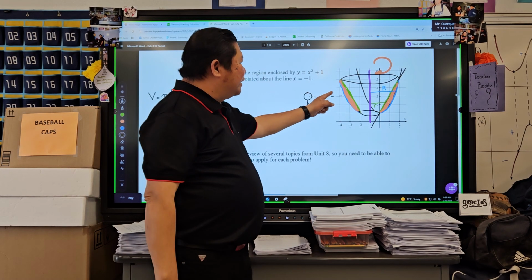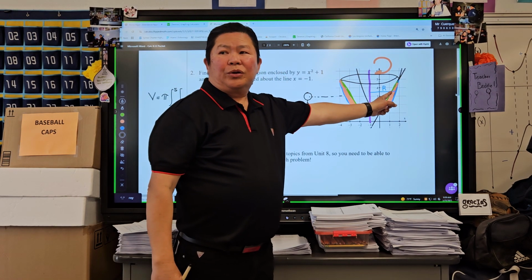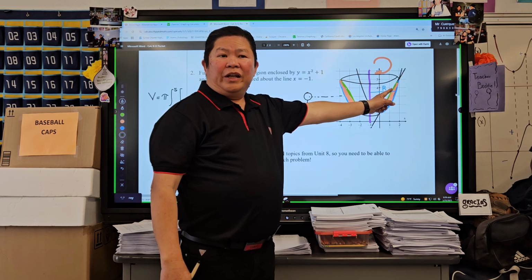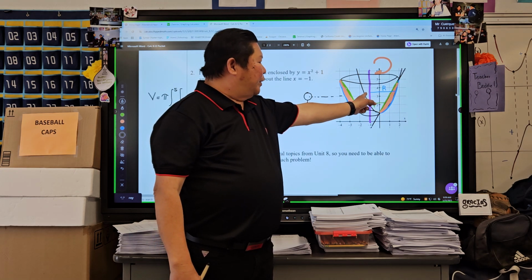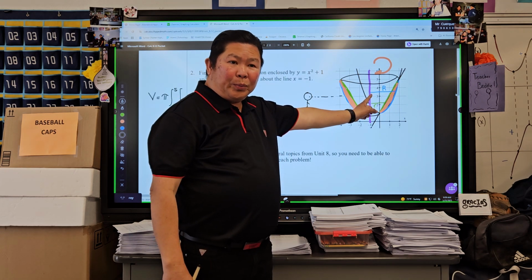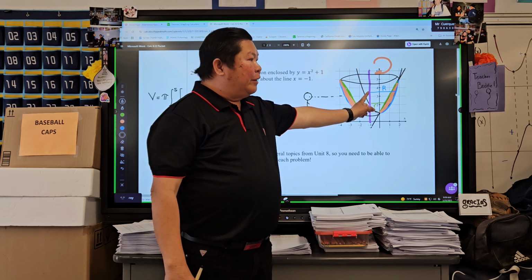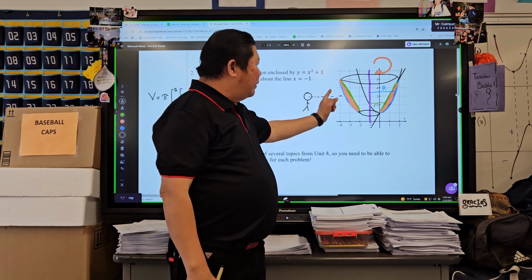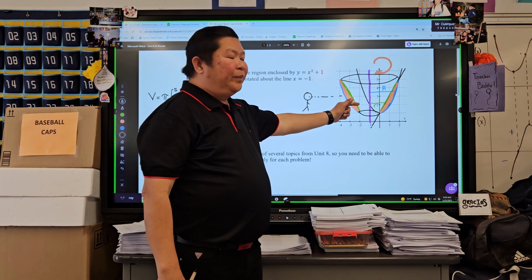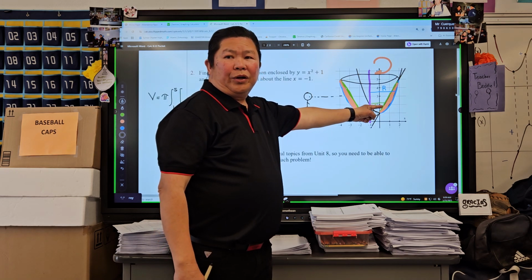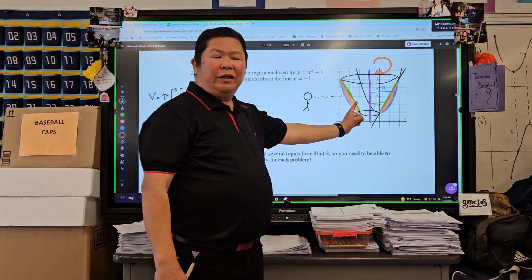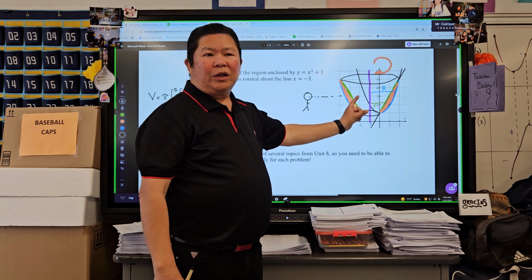If you look at this one, what is your upper curve? The blue. And your lower curve is the purple. And for the inner curve, your upper is green and purple is your lower.